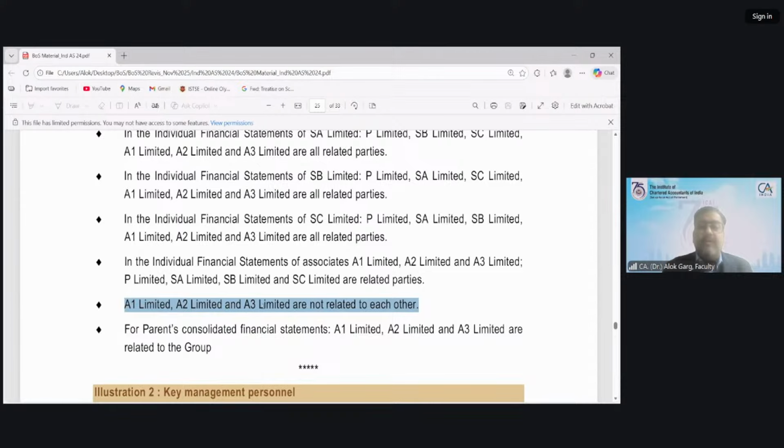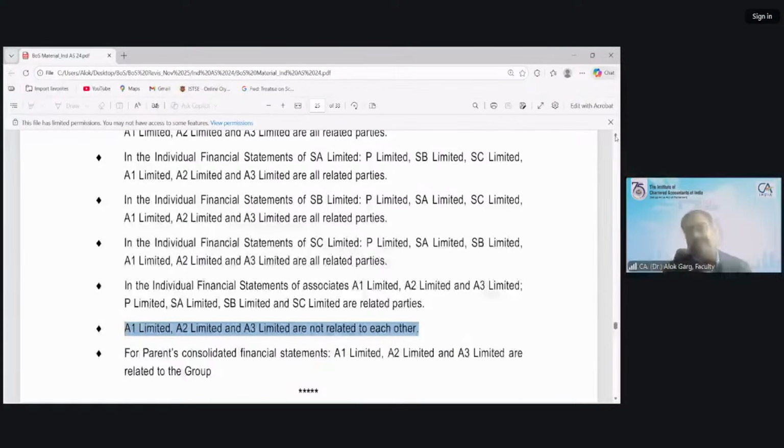A1 Limited, A2 Limited and A3 Limited are not related to each other. Sorry, my bad. We discussed one JV and one associate. If there is one JV and one associate of a single company, meaning the same party, they will become related parties. Two JVs of the same company will become related parties, right?